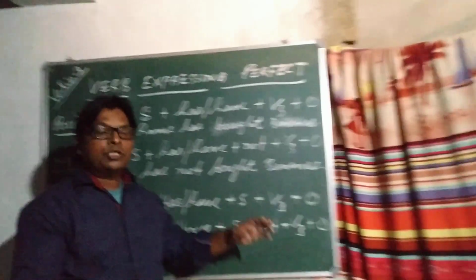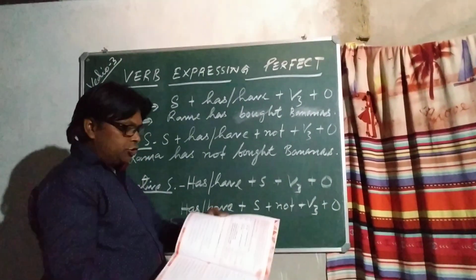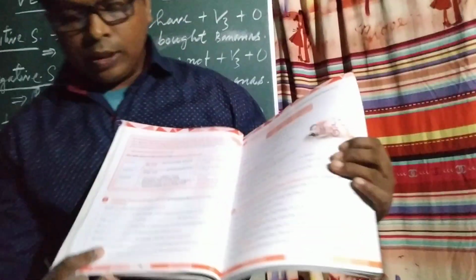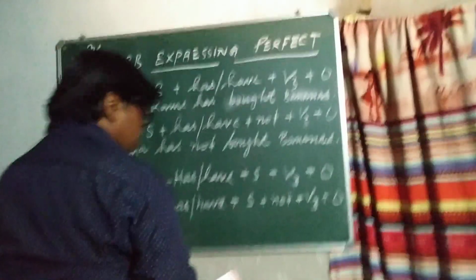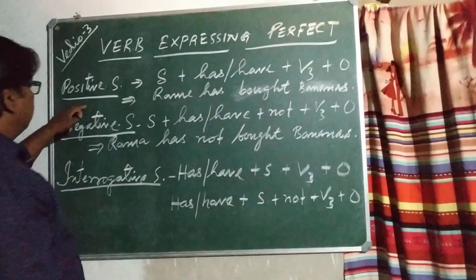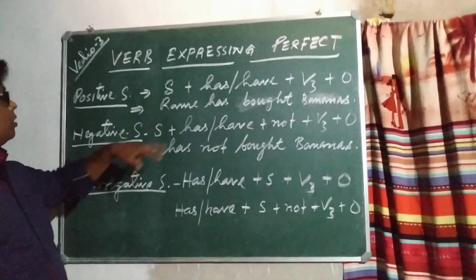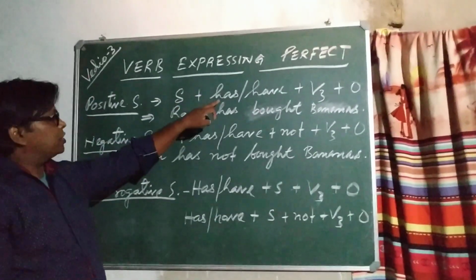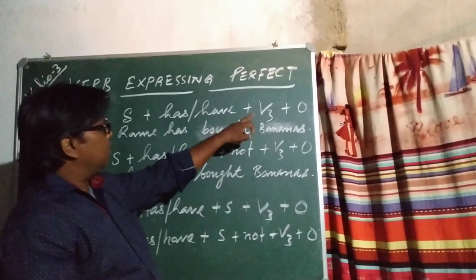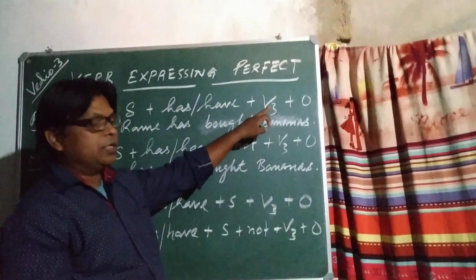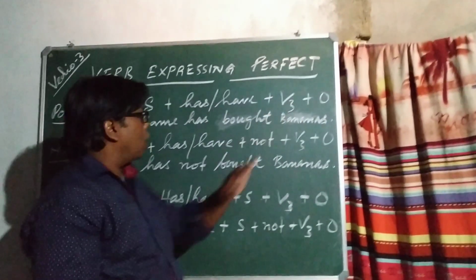Now you see, children, this is page number 16, where the table is given. I am going to explain it now. We have to make the positive sentence, negative sentence and interrogative sentences. So here I have given subject plus has or have and V3. V3 means third form of the verb, plus object.